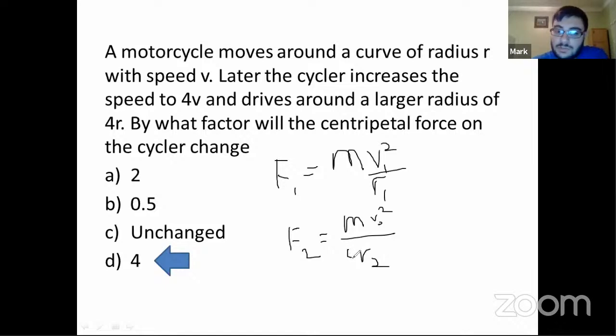So we can actually substitute it like this: 4 times R1, and this is V1, 4 times V1, right? Now let's simplify it. Now, this cancels. This cancels.